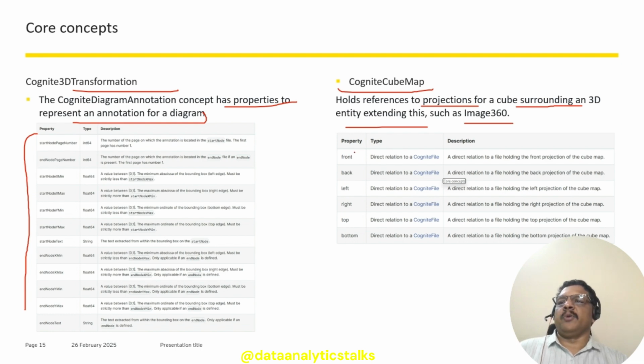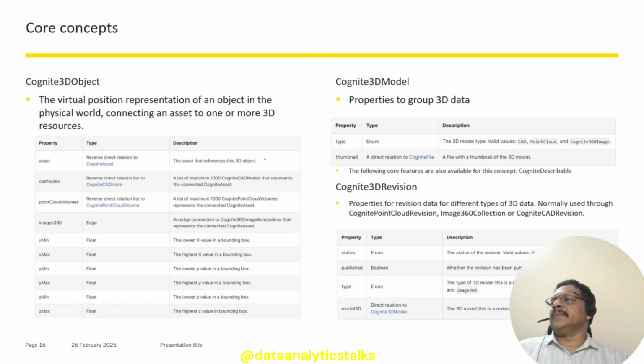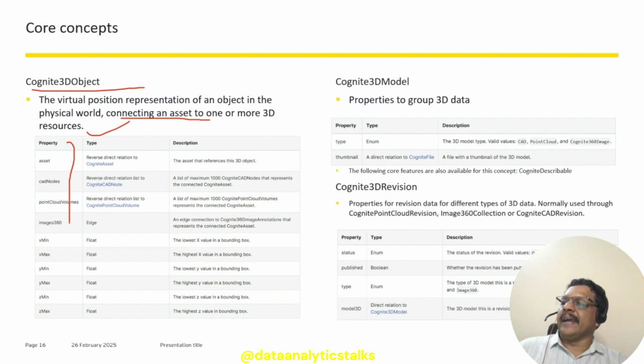Again, it has properties front, back, left, right, top, bottom, and has a relation to the Cognite files or 3D files. Then we have the Cognite 3D object, a virtual position representation of the object in the physical world, connecting an asset to one or more 3D resources. It has the asset, then CAD nodes and point cloud volumes and so on.